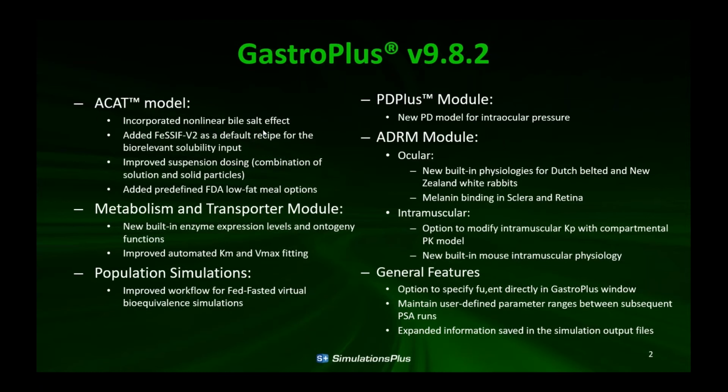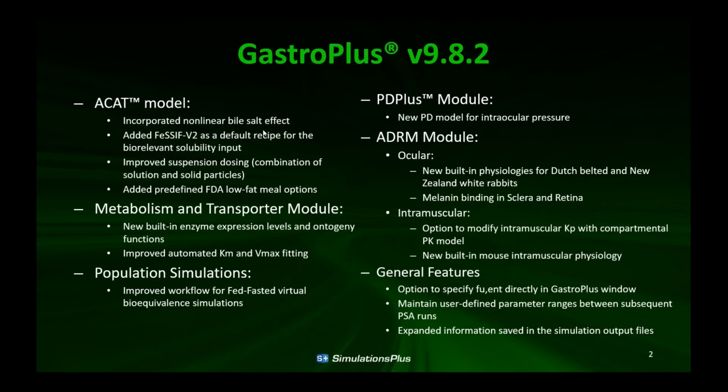Also improved the suspension dosing. Now with extra user input, the program will set the suspension dosing as a combination of a dissolved solution and also solid particles. Based on the FDA food effect guidance, the 2 FDA low-fat meals were also added to the program as an option you could select for your model.